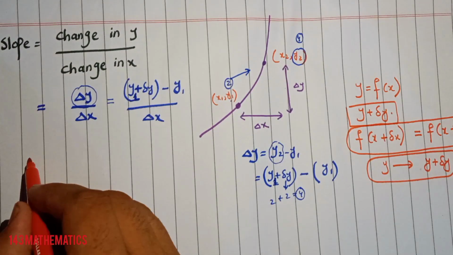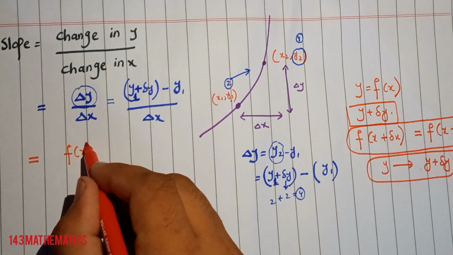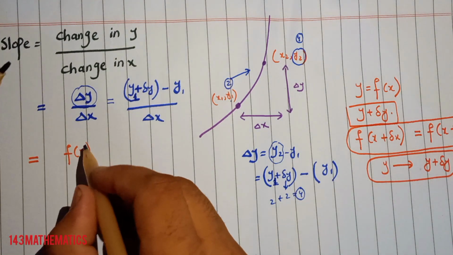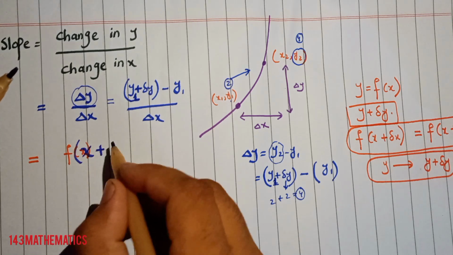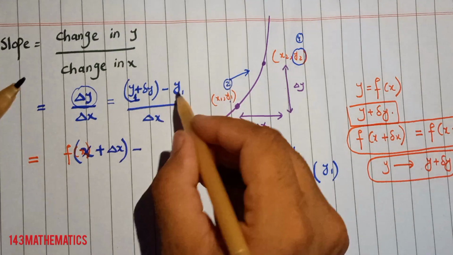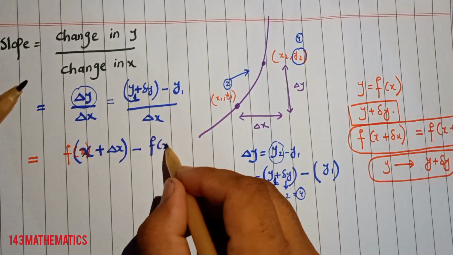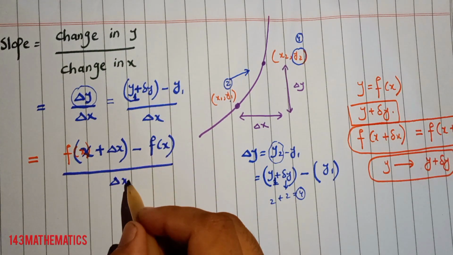So here this will be equal to f of x plus del x minus f of x, where y1 is f of x, divided by del x.